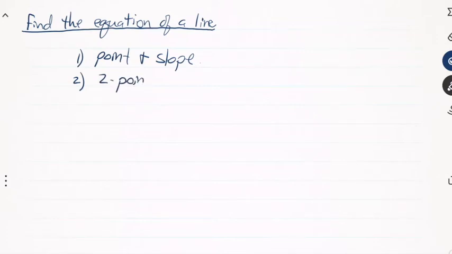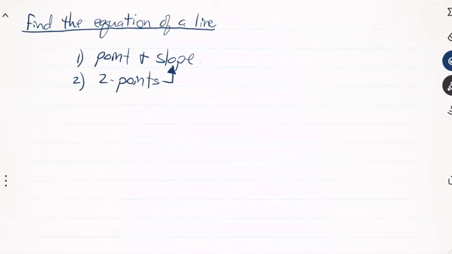But when you're given 2 points, you use them and you come up with the slope, and you do method number 1 anyways. So either case, you're eventually going to be looking for a point and a slope. So where the other equation of the line is really good for graphing it, and it's literally called slope-intercept, this one is going to be called point-slope form.